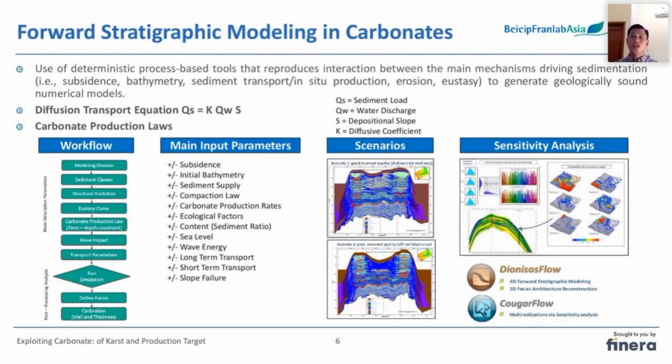In addition, the beauty of the FSM approach is that it allows us to test the validity of common exploration or development assumptions, and geological interpretation, as well as the stratigraphic correlation, as shown in the picture by one of the examples from Central Luconia.